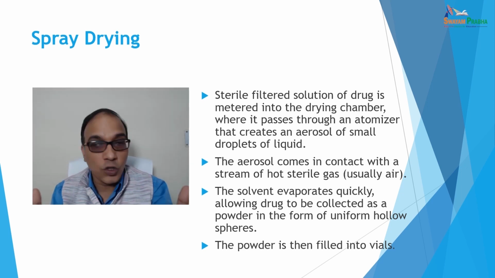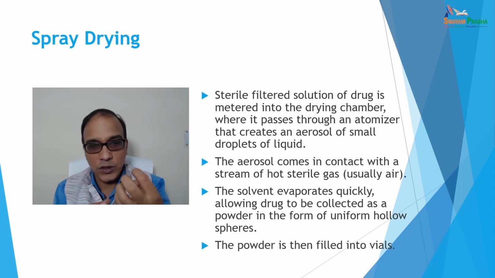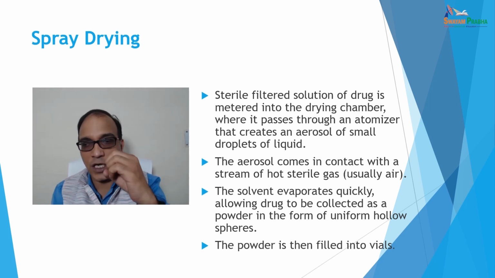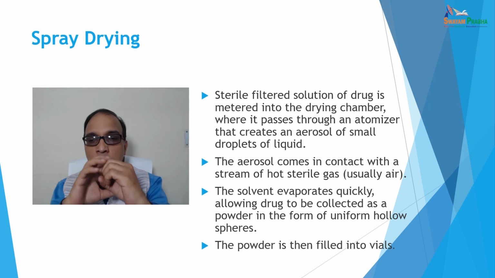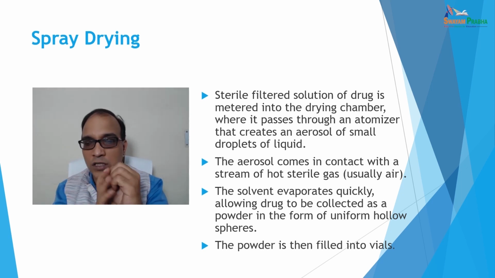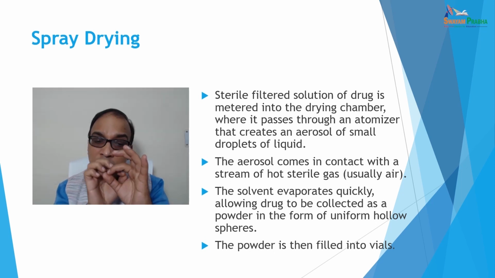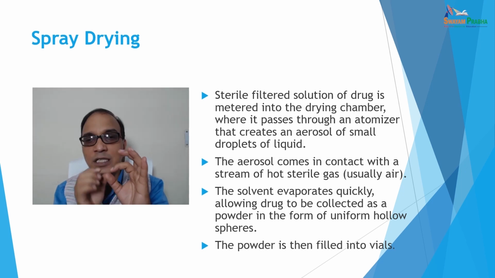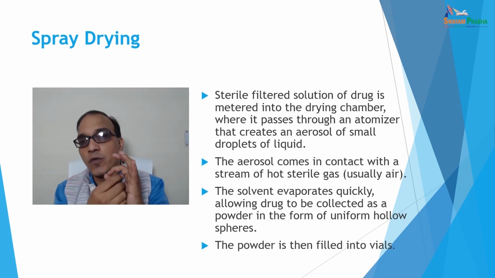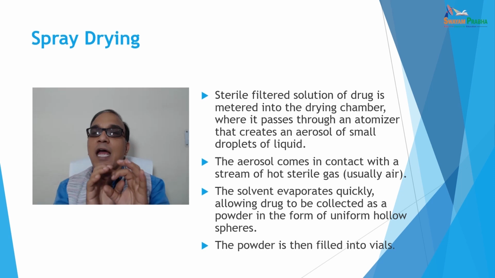The powder is then filled into the vials. What is happening is, say for example, this is a drug core. Okay, drug core. So it is having the solvent. In the outer crust, the solvent is removed. Why are they found hollow? Because in the inner core, at the last moment, the last traces of the solvent are blown out, leaving behind a hollow sphere.